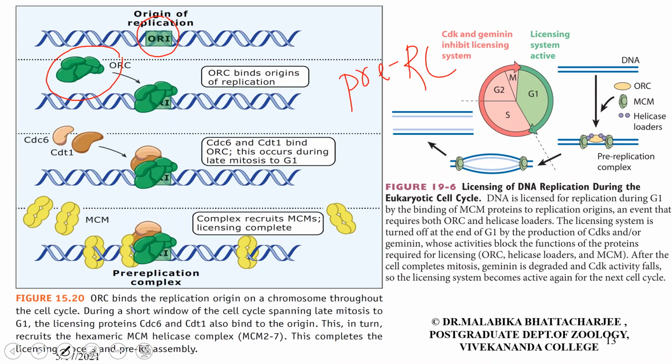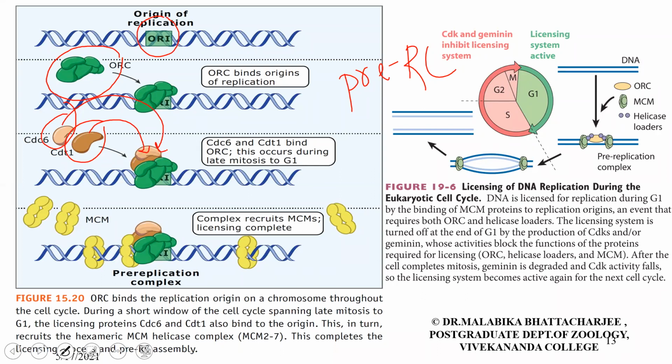The moment the origin recognition complex binds with the origin, it then serves as a platform for binding of two more important proteins, as you can see, CDC6, CDT1. So next, after ORC has attached with the origin, now comes CDT1 and CDC6, which now bind with the origin.